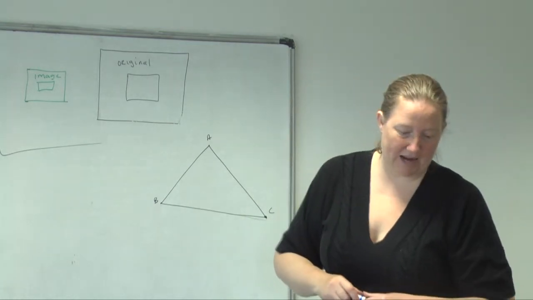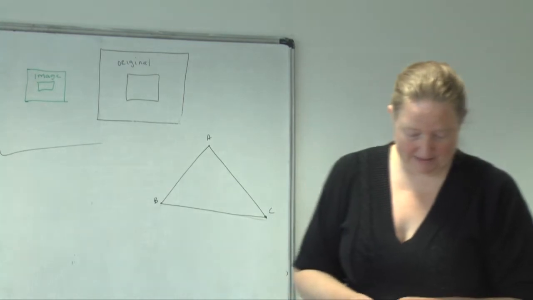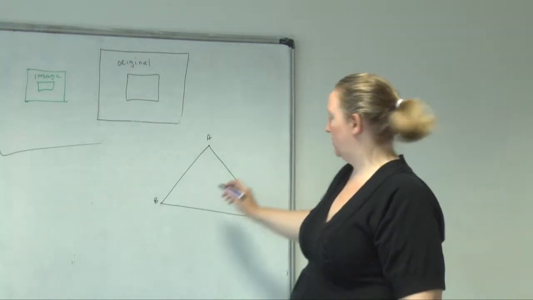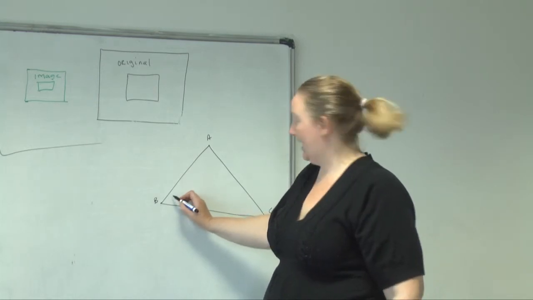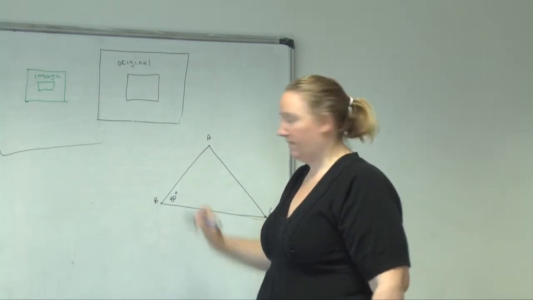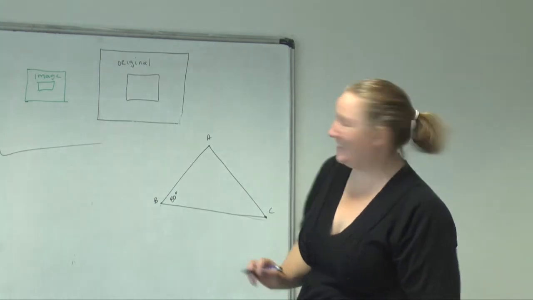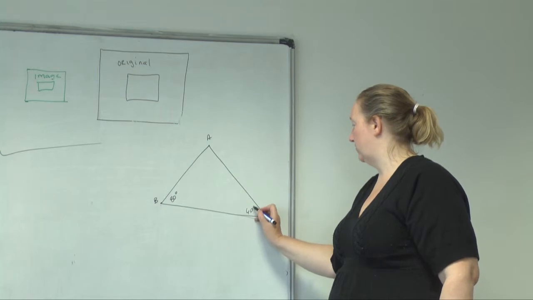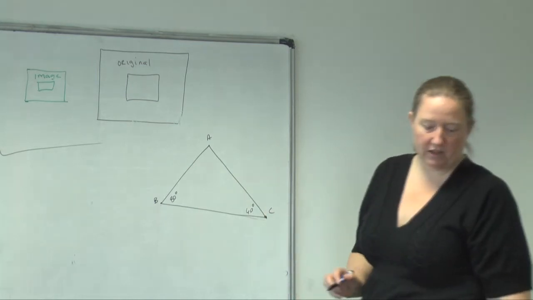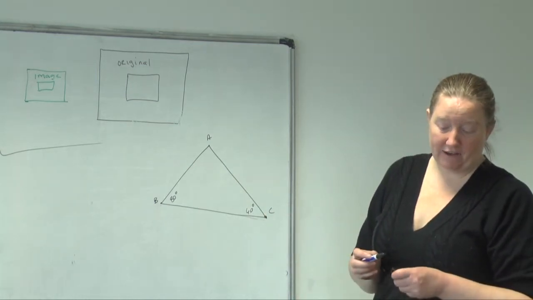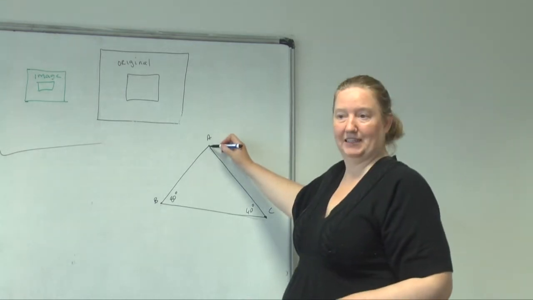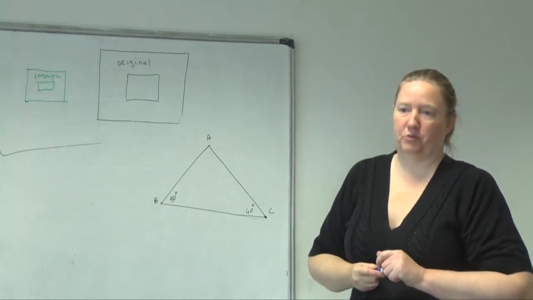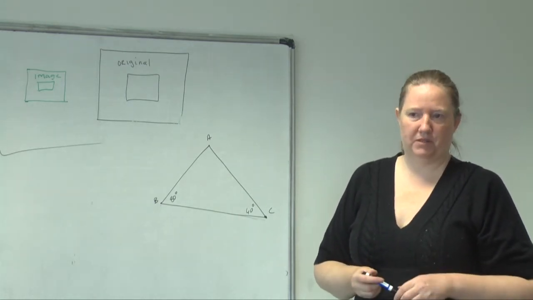And they say in the triangle ABC, the angle ABC, B is the letter in the middle, so it means this angle here is 80 degrees. And the angle ACB, C is in the middle, so that means this angle here is 40 degrees. Construct the bisector of BAC, that means this one, because A is the letter in the middle, without using a protractor. So here your compass comes into play again.